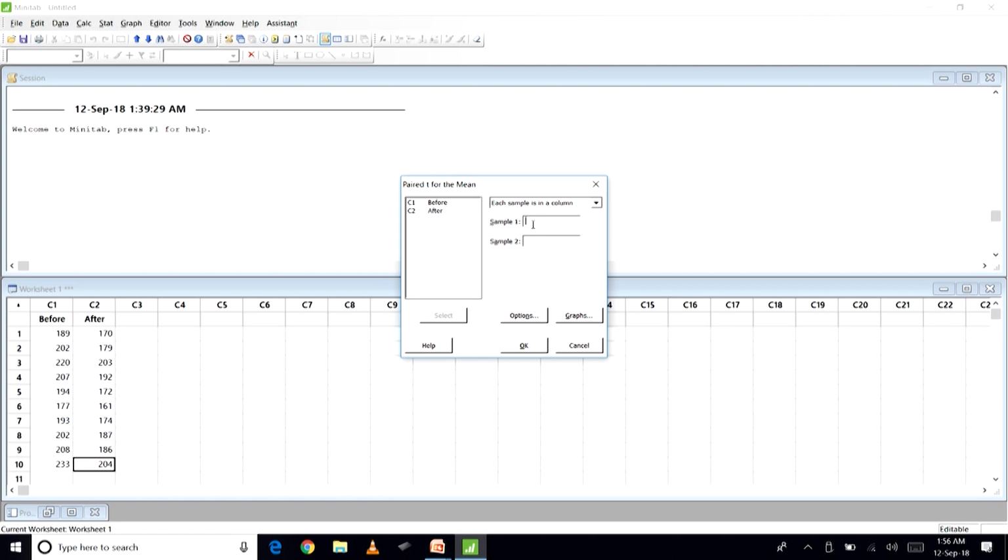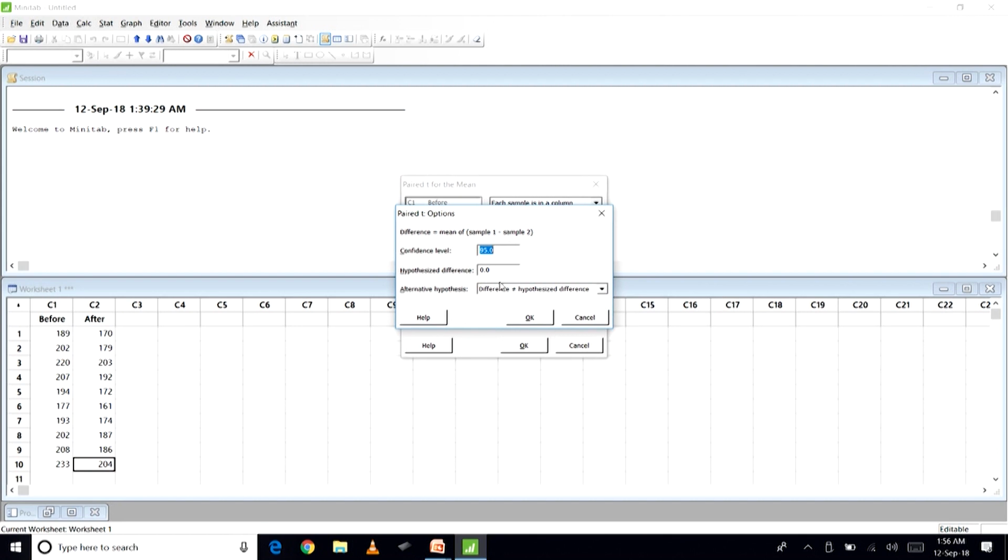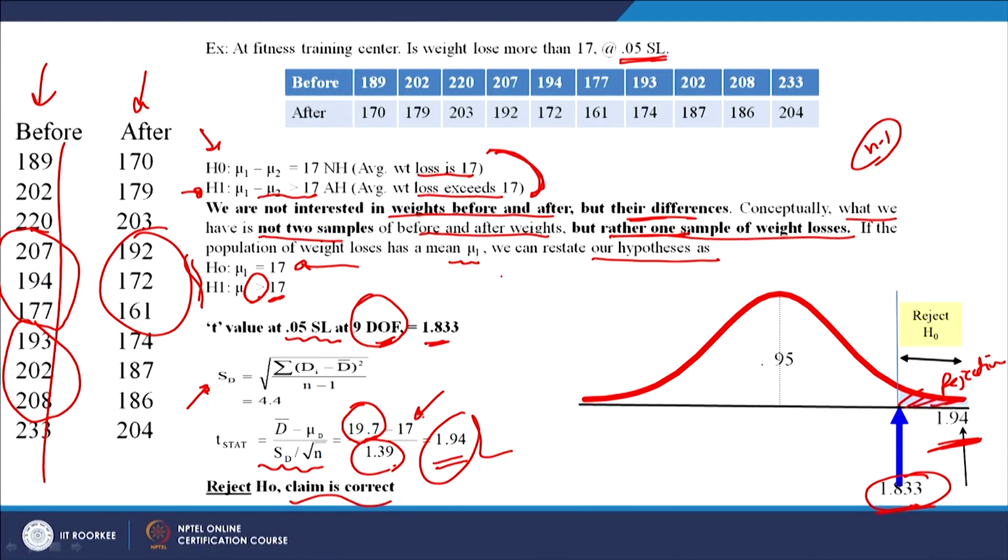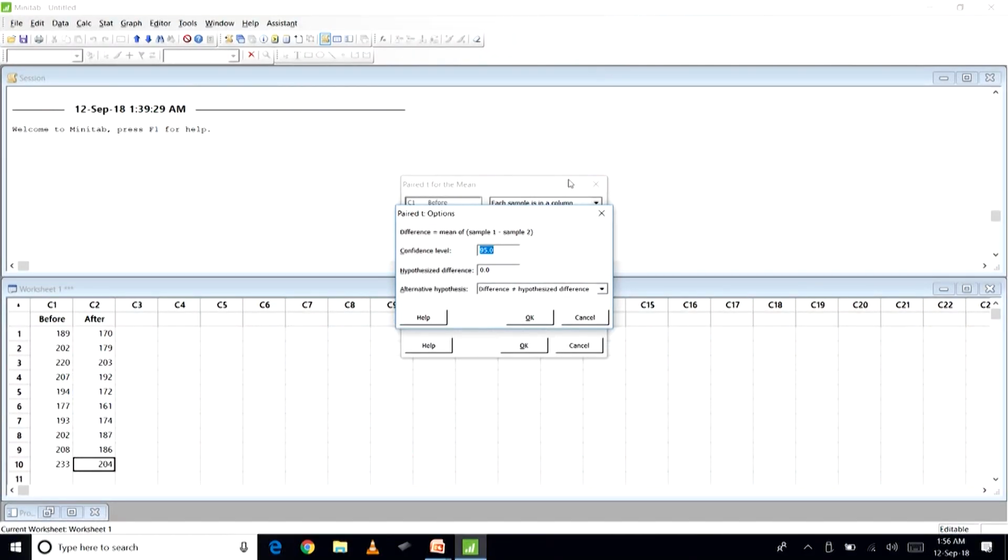Sample 1 is the sample before weight loss, so this is how you should select samples. Then sample 2 is after weight loss. Now, go to Options. Let us check at what significance we have to test this hypothesis. It is at the 95% significance level.